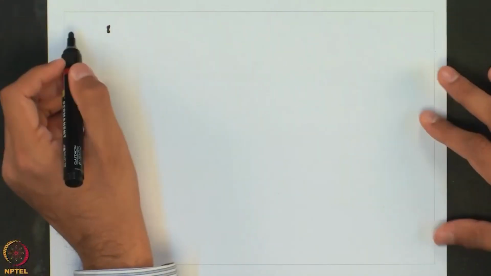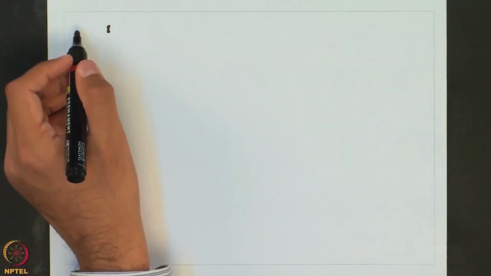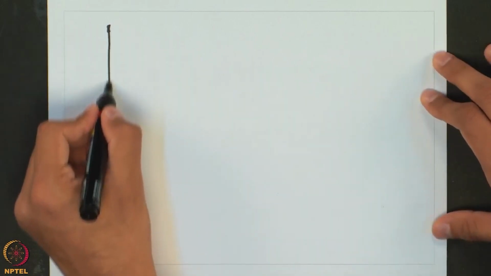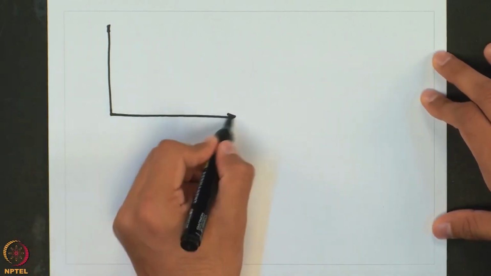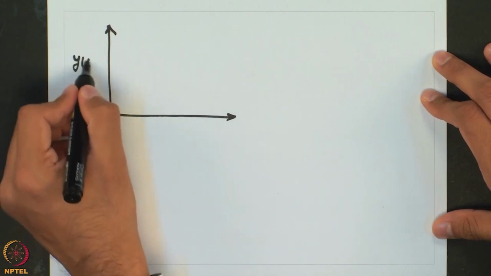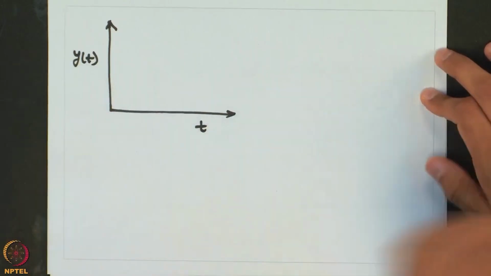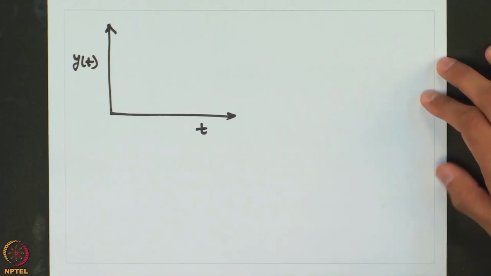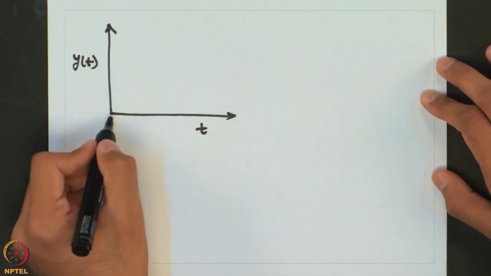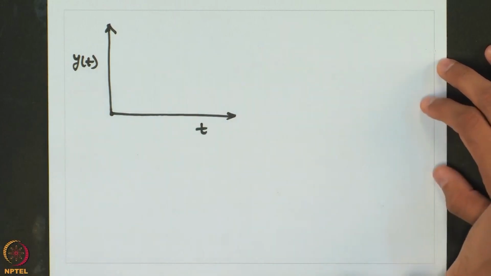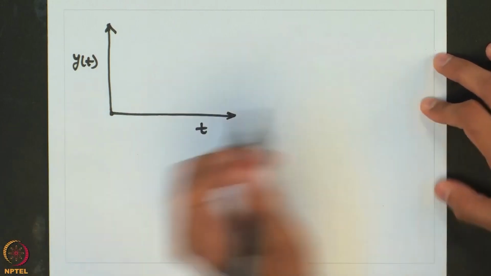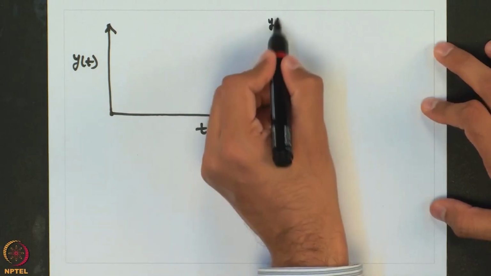So, if we plot the response Yt versus time, so at time t equal to 0, when we substitute t equal to 0 in the response, let me just rewrite the response here as well.